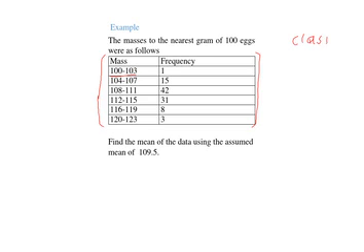Like we have a range 100 to 103, 104 to 107. So we say it is a grouped data, and therefore this is how we approach it. We are told to find the mean of the data using the assumed mean of 109.5. So we draw a frequency distribution table.